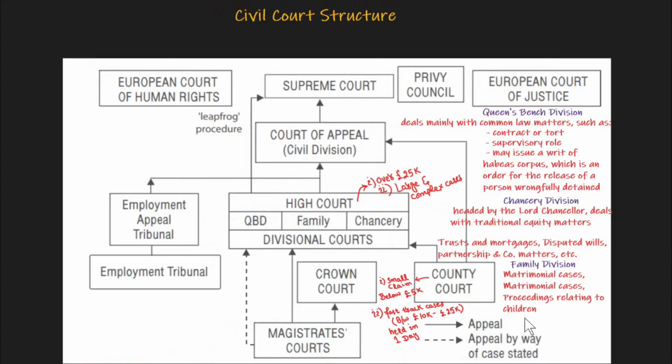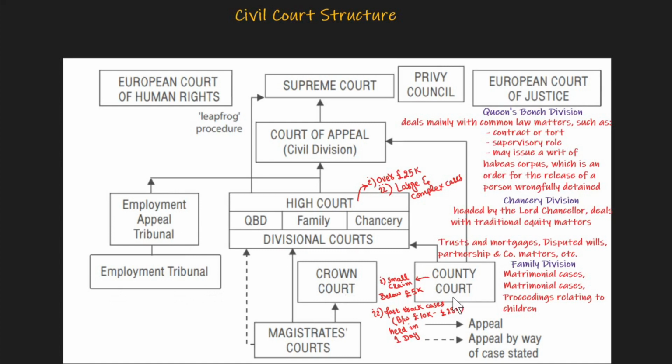And if I talk about the civil court structure, then here you can see the magistrates courts are also at the lowest level. And for the cases specifically related to employment, we have the employment tribunal. Any appeal can be made to the employment appeal tribunal. Here we have Crown Court and County Court.